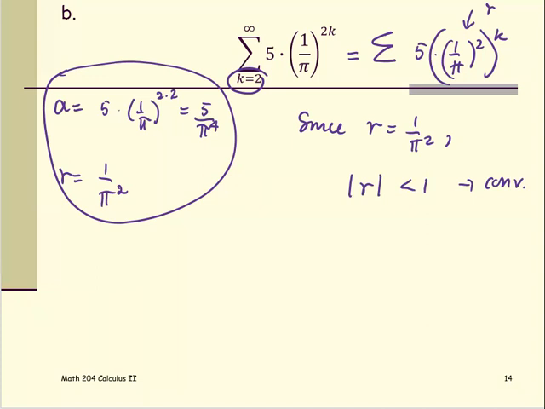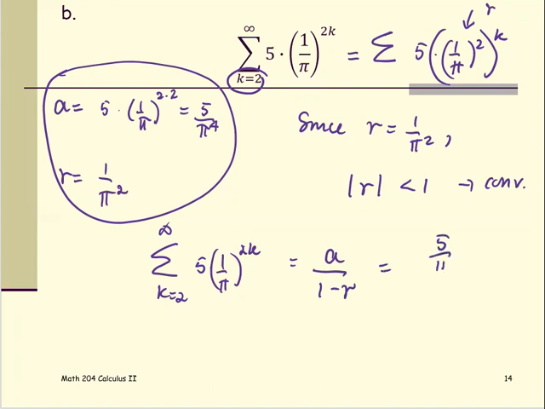Therefore, we're going to use the formula: the series of 5 times 1 over pi to the power 2k, k from 2 to infinity, equals a divided by 1 minus r. And a is 5 over pi to the fourth power, divided by 1 minus r, which is 1 over pi to the second.